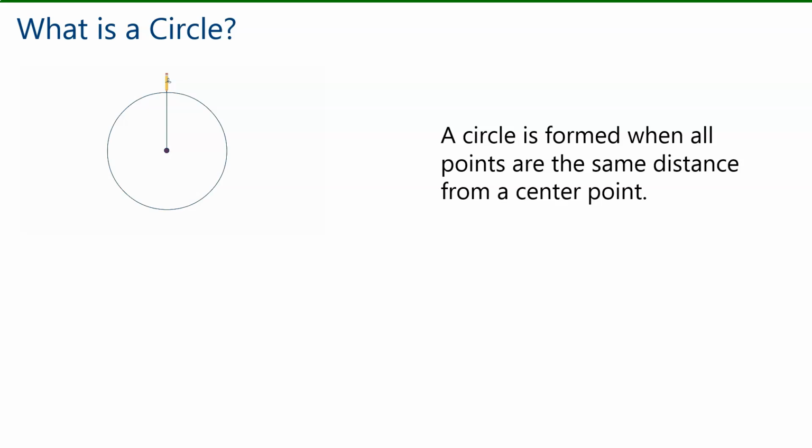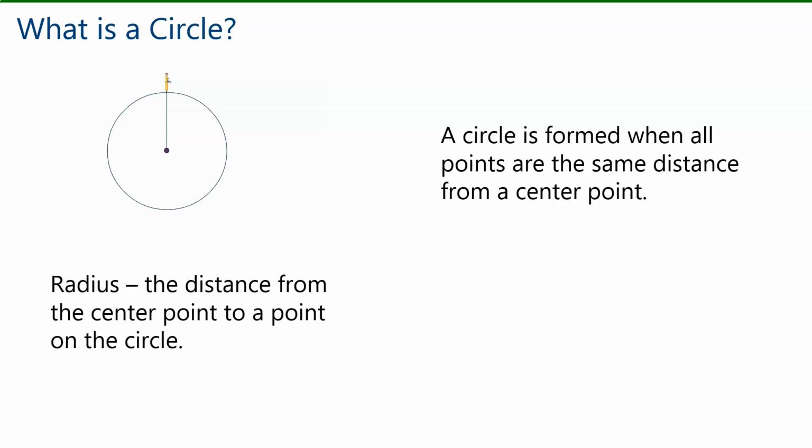Now let's look at some terms that you're going to need to know when working with circles. Let's look at the radius. That's the distance from the center point to a point on a circle. So if I have this circle with this center and I draw a line from the center to this point on the circle, then I have just drawn the radius.